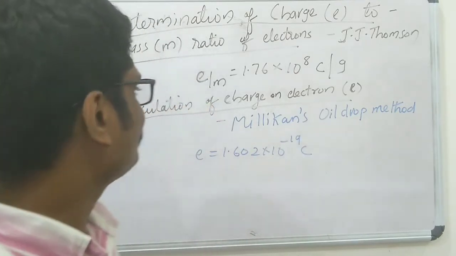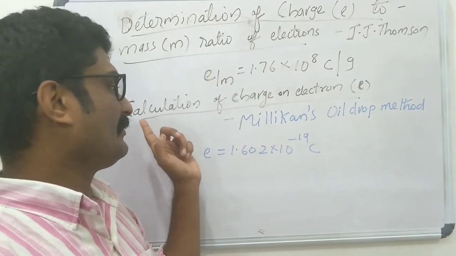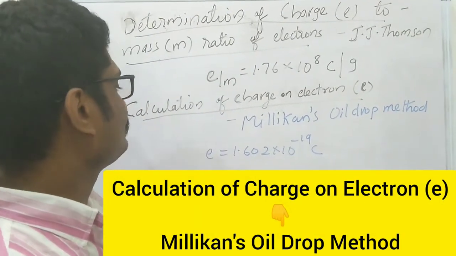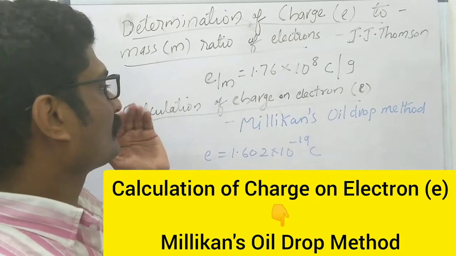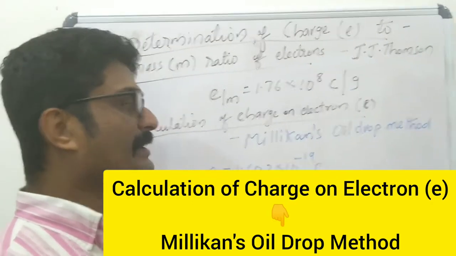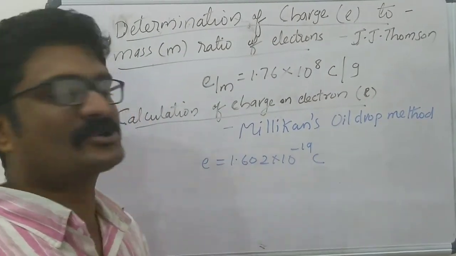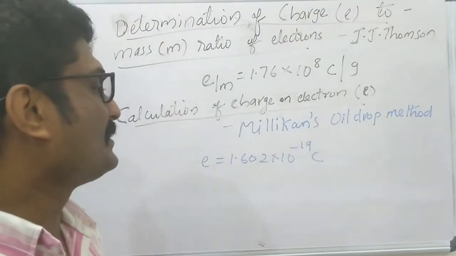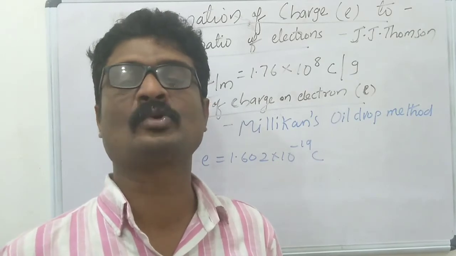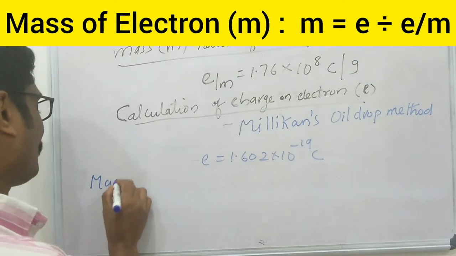After that, a famous scientist, Mr. Millikan, found the charge on electron by oil drop method, and the charge of electron is 1.602 × 10^-19 coulomb.